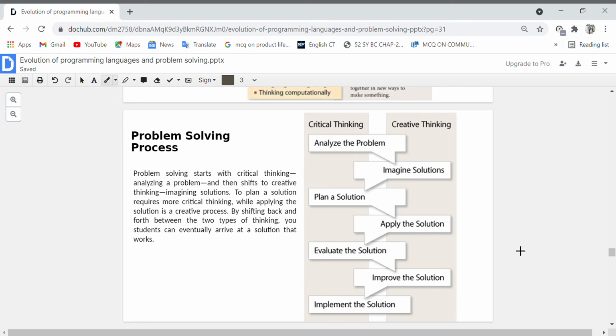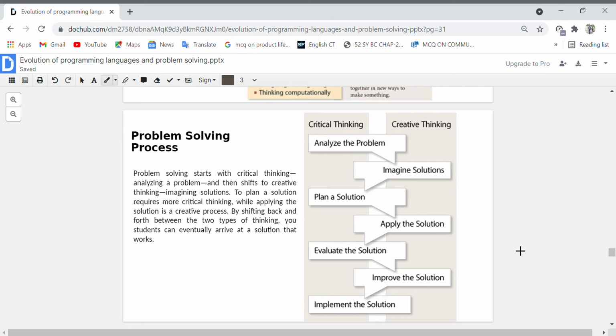Suppose a problem arises, then you think critically about the problem, then you analyze the problem, then you lead to creative thinking, then you imagine the solution.